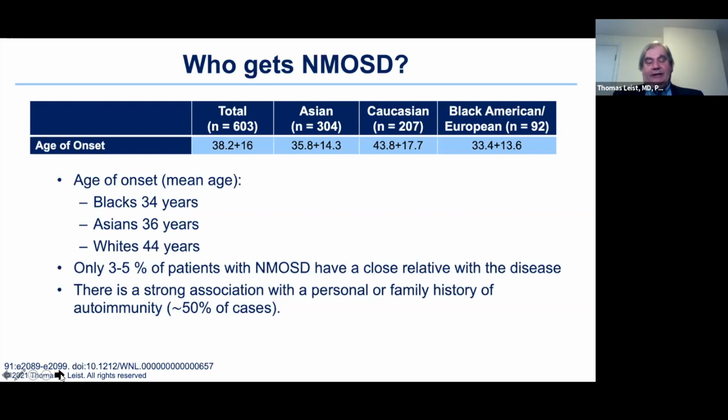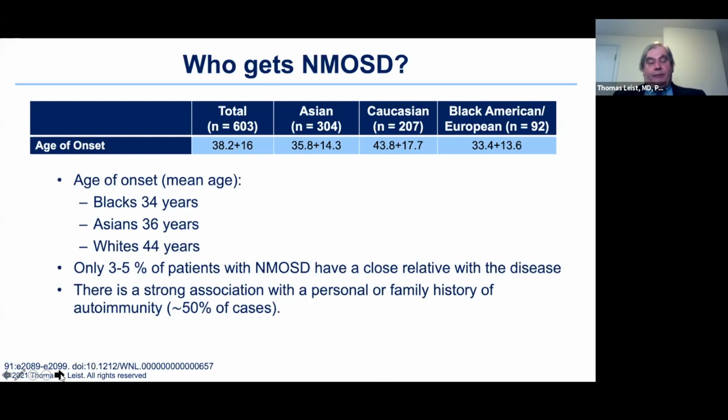But in the families or in the persons that have neuromyelitis optica, there is often a high rate of other autoimmune conditions. That's very important because we need to take a history of autoimmune conditions that fall in this group when we evaluate patients with neuromyelitis optica. So if, for example, a father has neuromyelitis optica, what's the likelihood for a child to have neuromyelitis optica? It's very low.